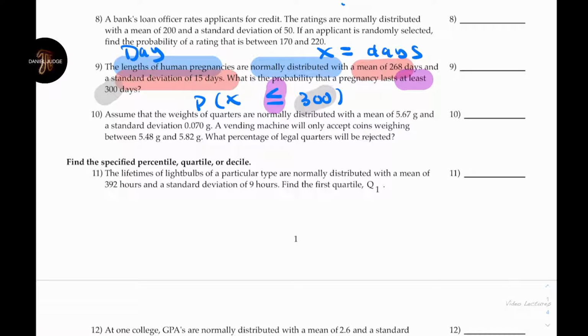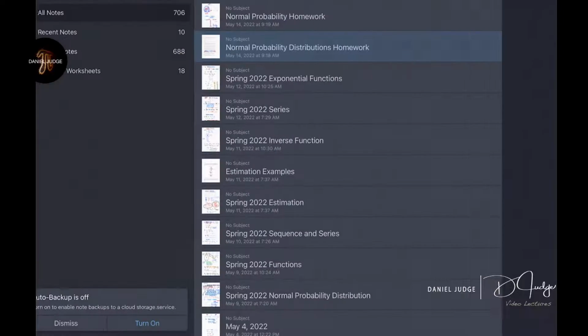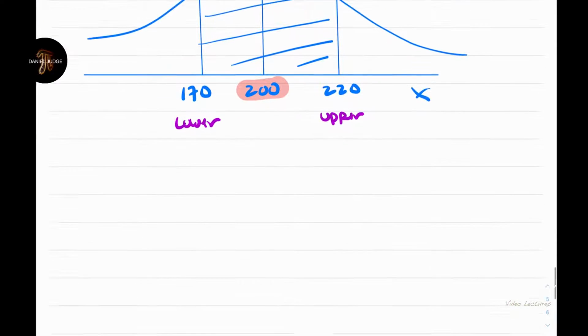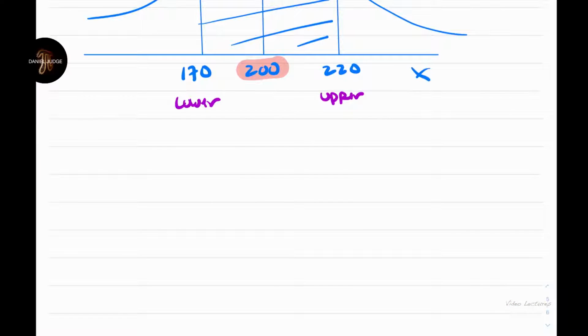All right, let's write this down. This is question number 9. I'm going to copy this here. Remember, the mean is 268.